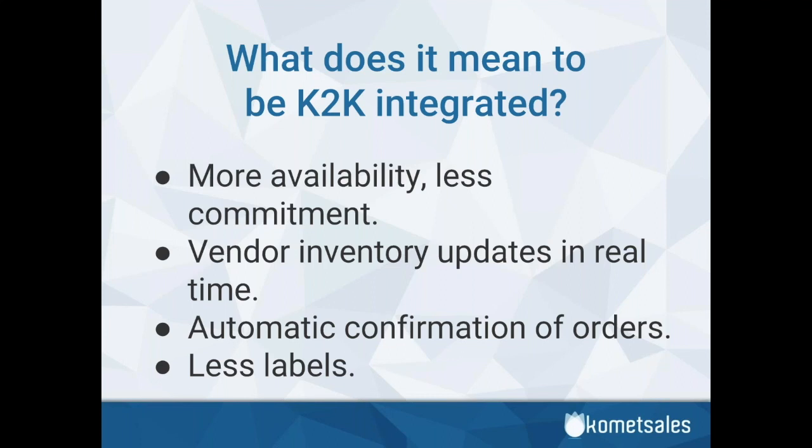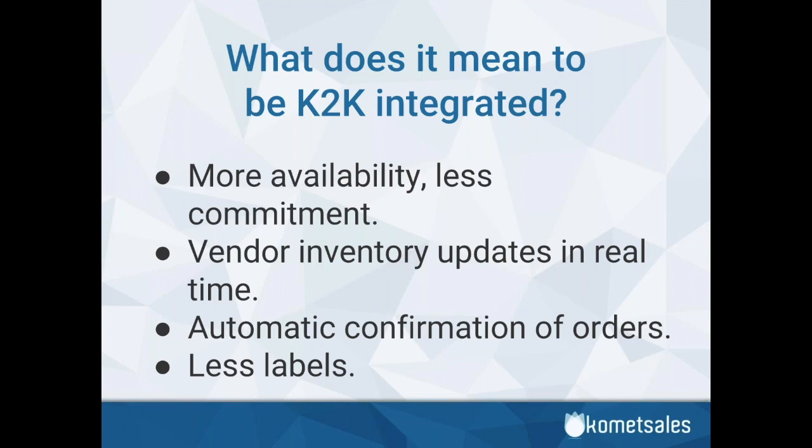So now we're going to go right into what it means to be Komet to Komet integrated. Based on what I'm explaining, you're going to be reducing purchases. If you're still going to be buying as a wholesaler, you're buying product for your open market, right? But maybe you reduce some of that open market purchasing and do the Komet to Komet integration.